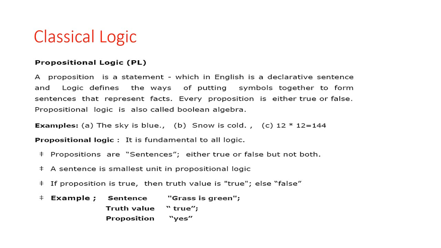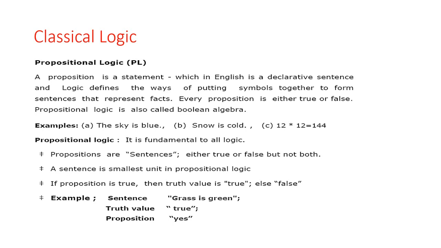Then propositional logic. In classical logic, another concept is propositional logic. A proposition is a statement, which in English is a declarative sentence, and logic defines the way of putting symbols together to form sentences that represent facts.